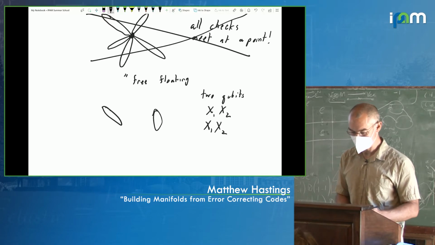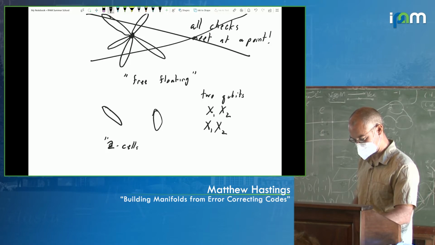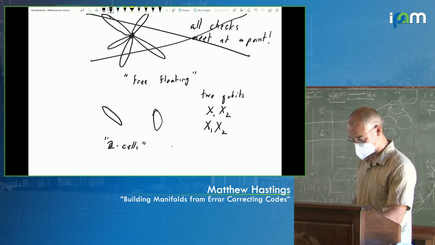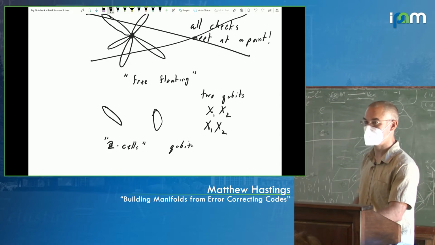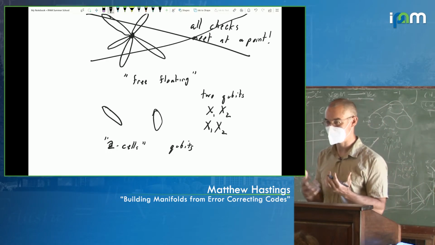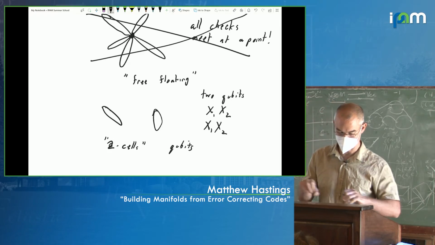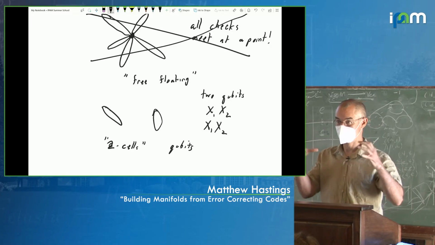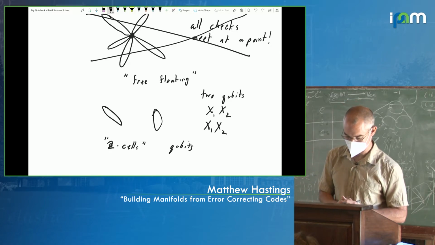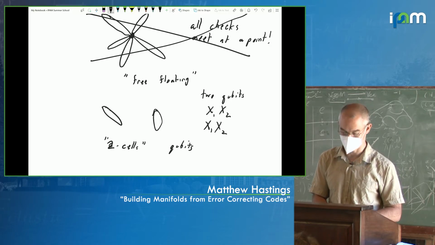So now the 2 cells should be qubits. I'm going to need two 2 cells, and each needs to attach to these 2 checks, because each of the checks involves both qubits. So qubit 1 is some 2-dimensional thing, and it needs to attach to both checks, and qubit 2 is some 2-dimensional thing.